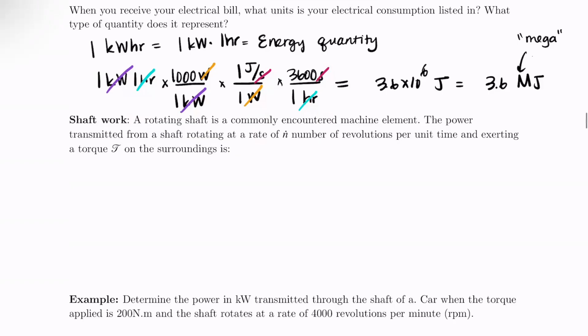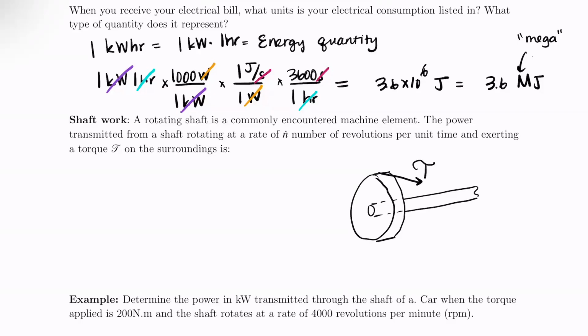So I'm just going to draw a picture of what's going on here real quick. Here's the shaft, and then we have a torque applied here, which is equal to the force times the radius.